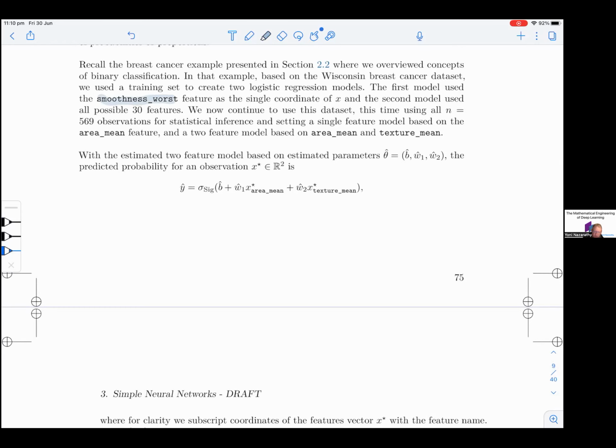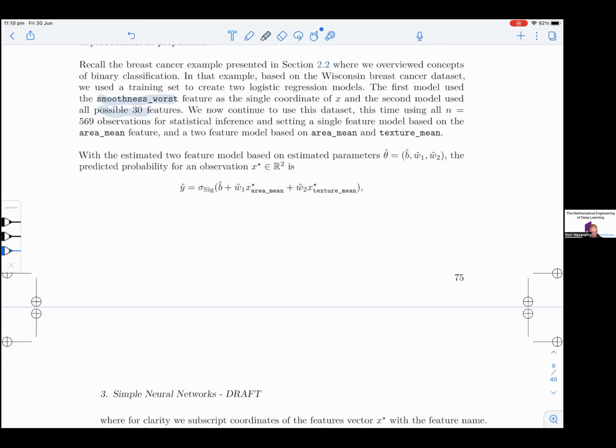We now continue to use this dataset, this time using all n equals 569 observations for statistical inference, not breaking it into a train and a test set, and setting up a single feature model based on the area mean feature, and a two-feature model based on area mean and texture mean.